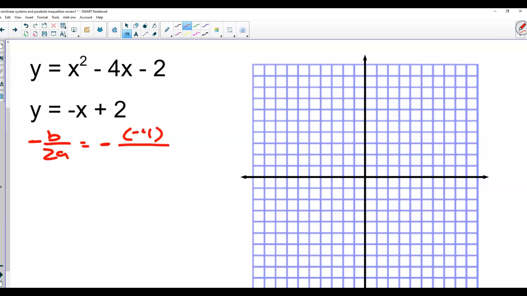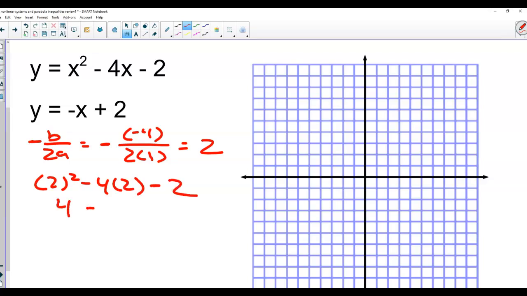Negative 4 over 2 times 1. That gives me a positive 2 for my vertex, for the x coordinate. 2 squared minus 4 times 2 minus 2. That's 4 minus 8 minus 2. That's negative 6. So my vertex here is going to be 2, negative 6.